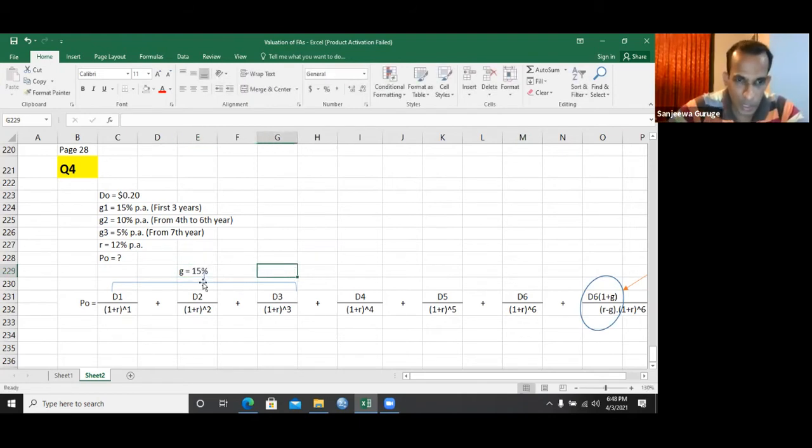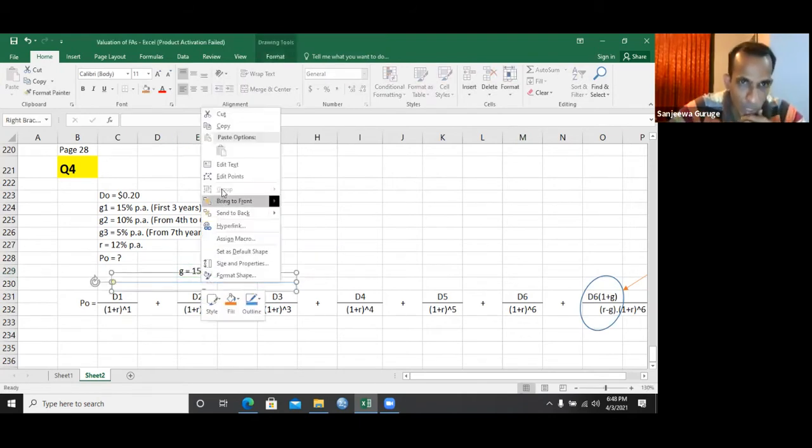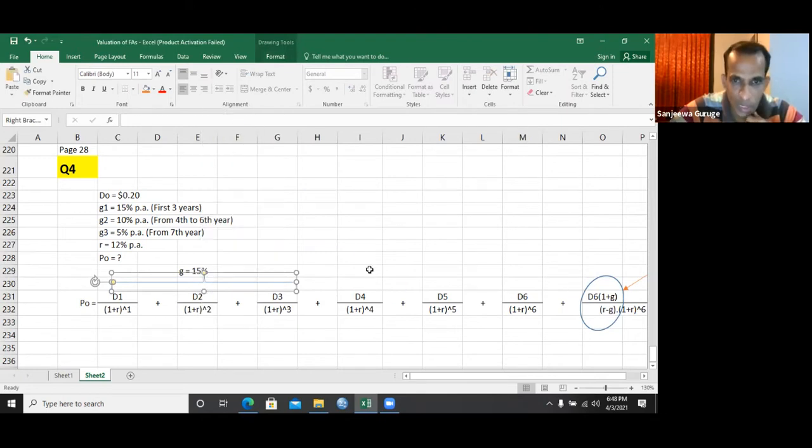And then we have to estimate the dividends for the next 3 years, D4, D5, and D6, using the growth rate of 10%.